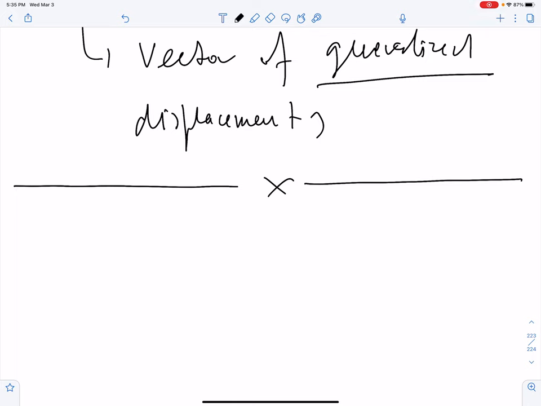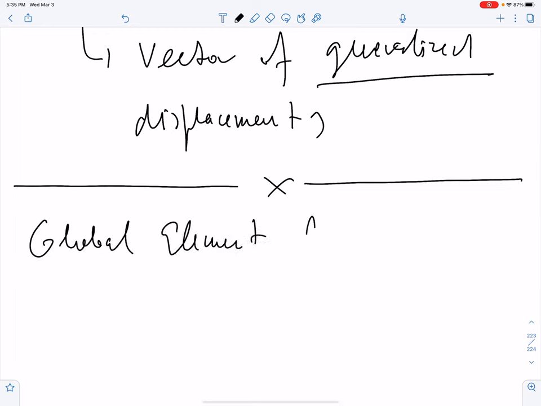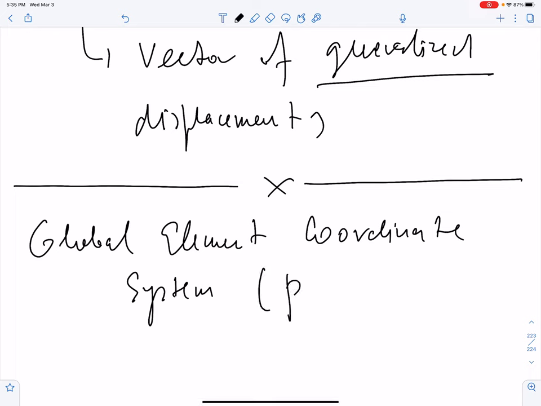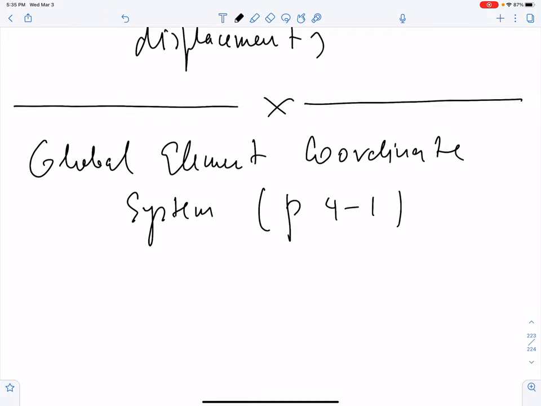And as before, we start with the global element coordinate system. And we're on page 4.1 of the reader.